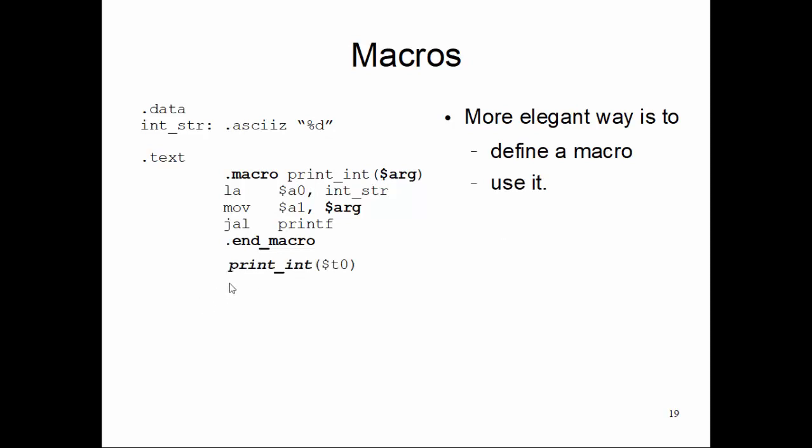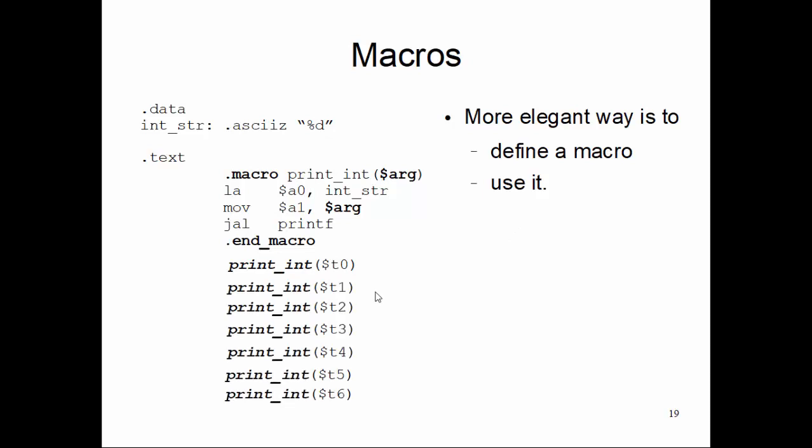So I can use it now as print_int $t0, print_int $t1, print_int $t2, t3, t4, t5, t6. Okay. So instead of repeating these two lines over and over again, I defined a macro for this repetitive code and used that instead.